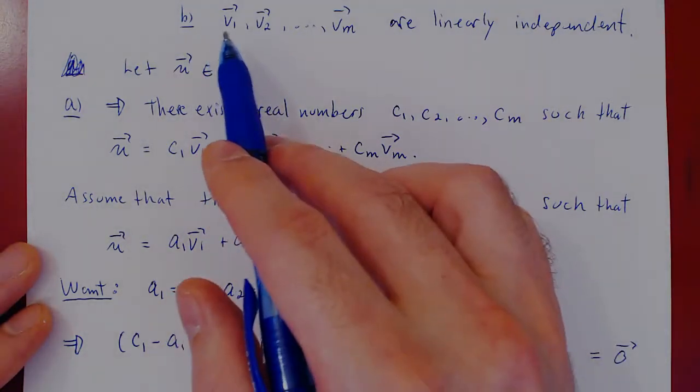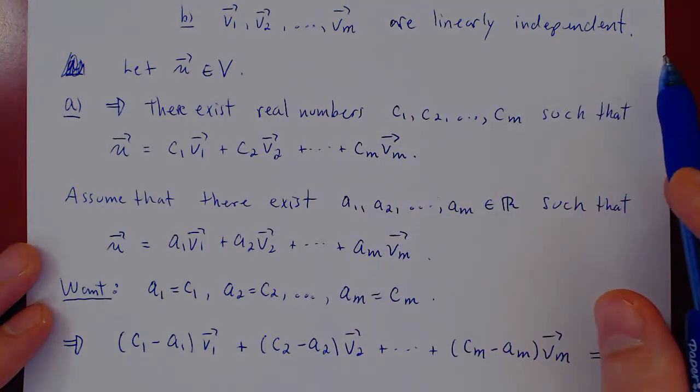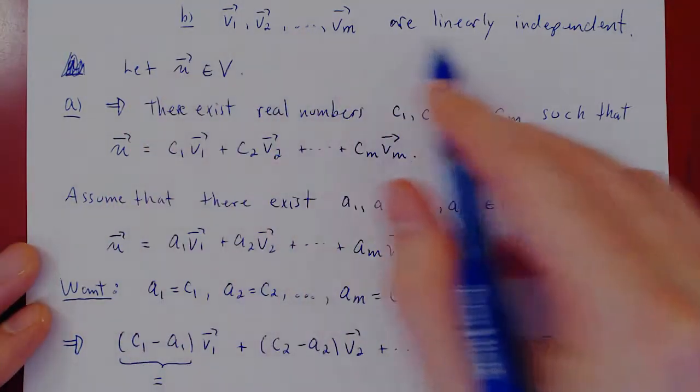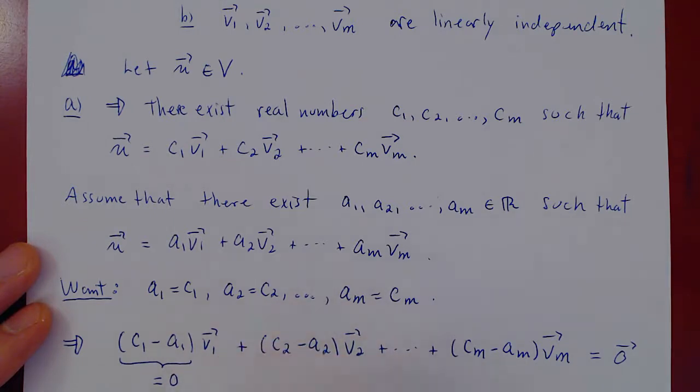But by assumption, the vectors are linearly independent, which says that the only way to obtain the zero vector with a linear combination of the given vectors is with the trivial solution. And that is the only solution. So B implies that this must be 0. This must be 0 up to this must also be 0.